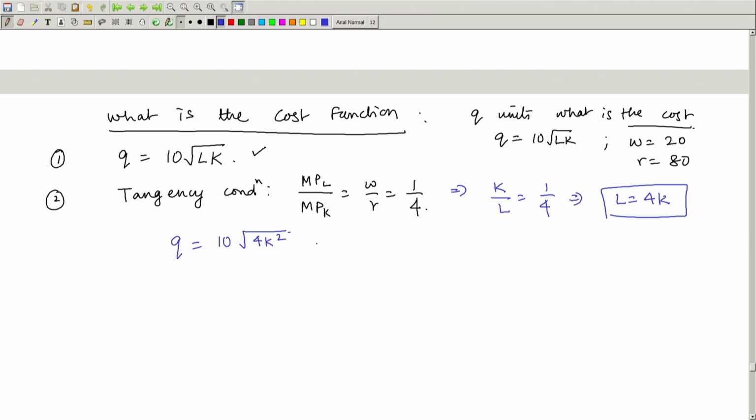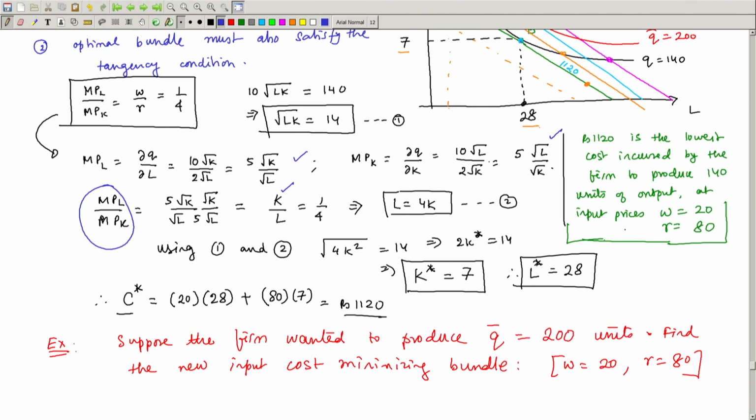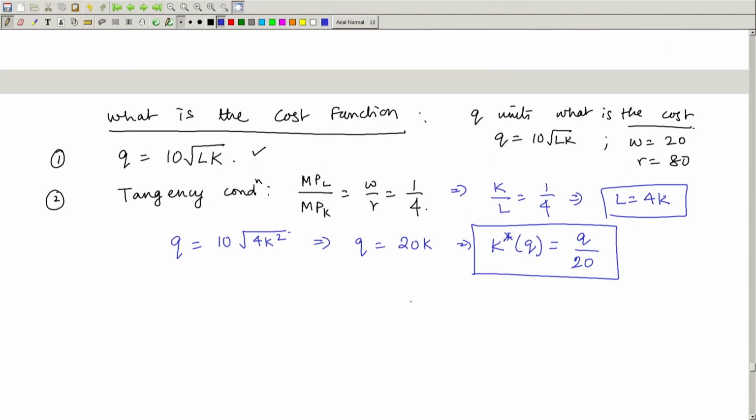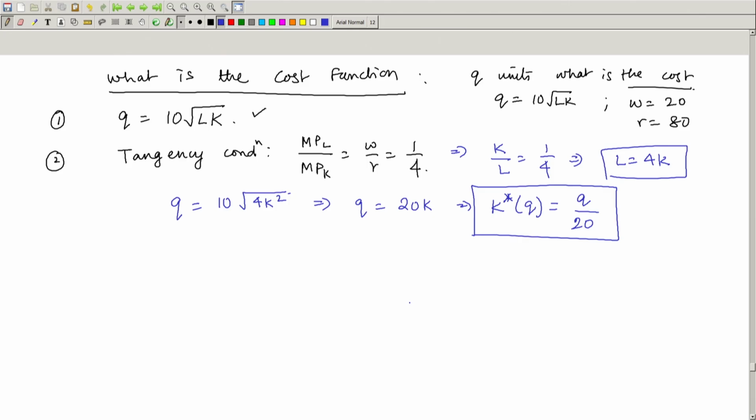So, I am going to get 4K squared, which means Q equals 20K, which means K star as a function of Q is Q divided by 20. Now, if you had put Q equal to 140, you would have obtained K star exactly equal to 7, which is what we found in the previous example. So, for Q equal to 140 units, the optimal K star is equal to 7.